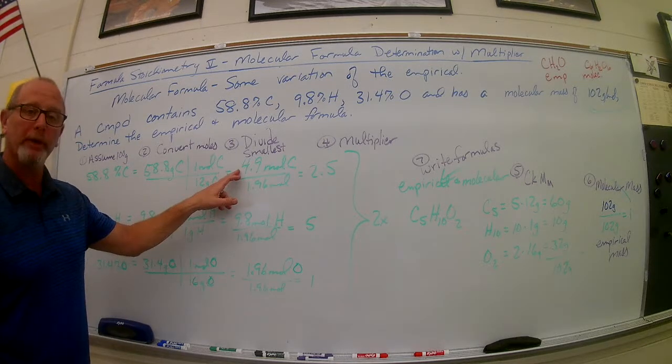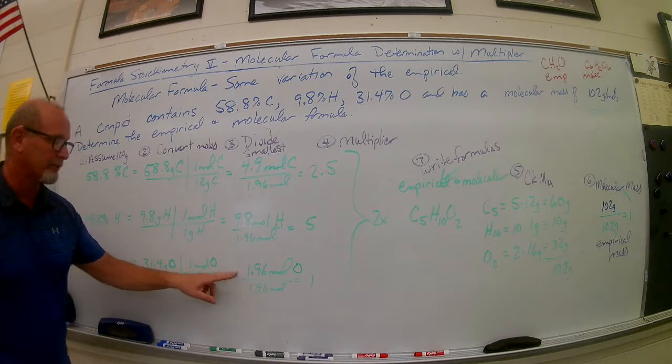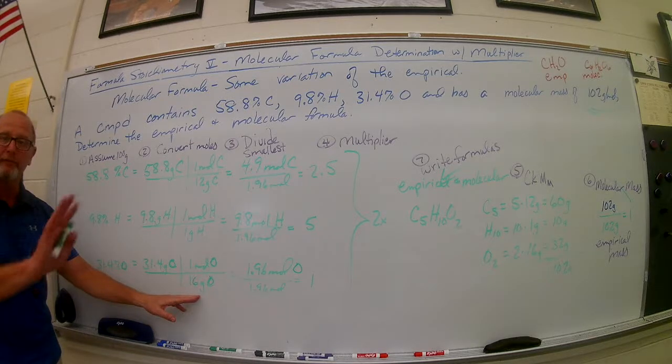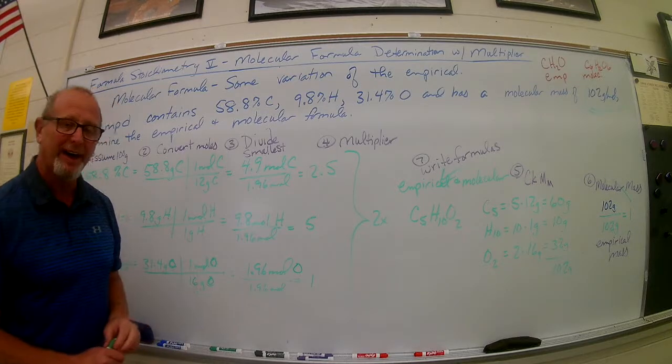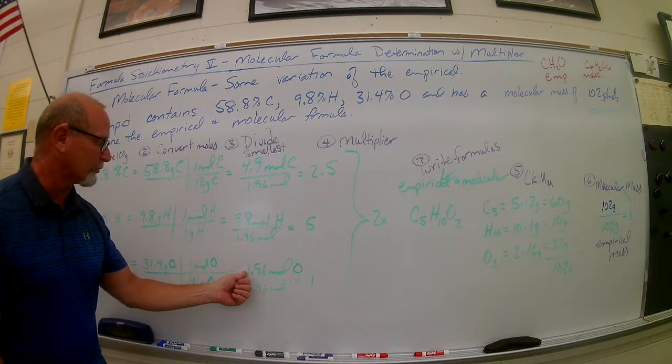That's going to give me 4.9 moles of carbon, 9.8 moles of hydrogen, 1.96 moles of oxygen. These are just the molar masses off of the periodic table. Then, step 3, divide by the smallest amount of moles. 1.96 was my smallest amount.